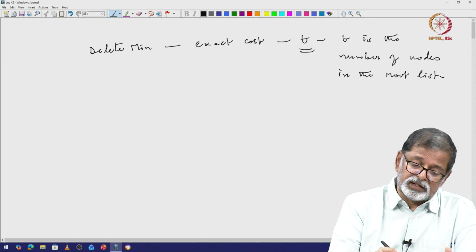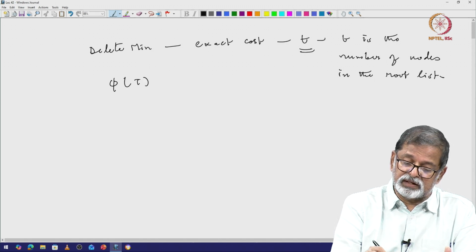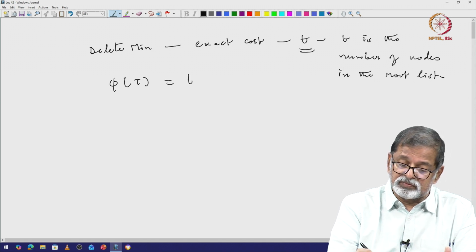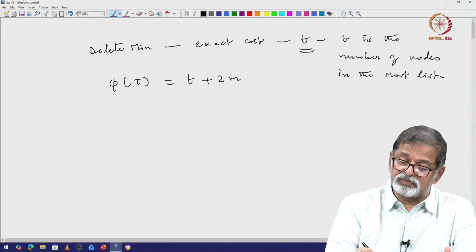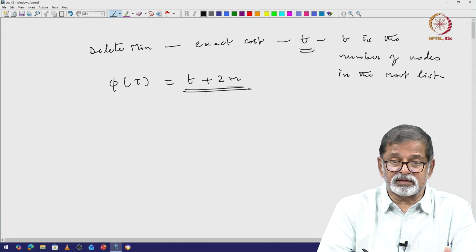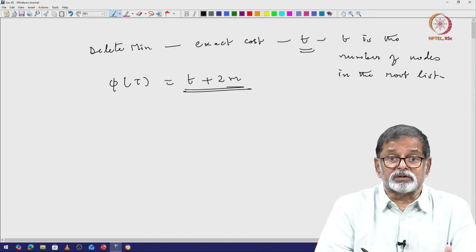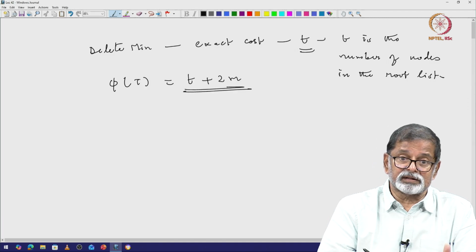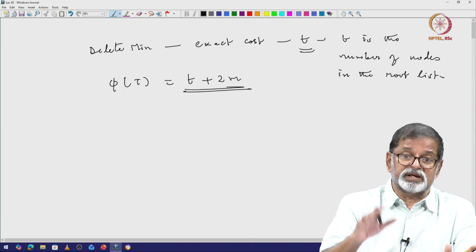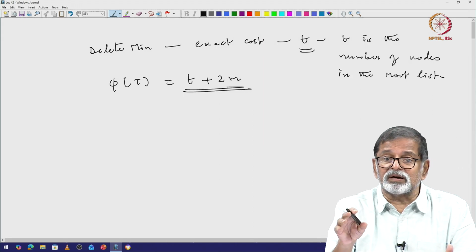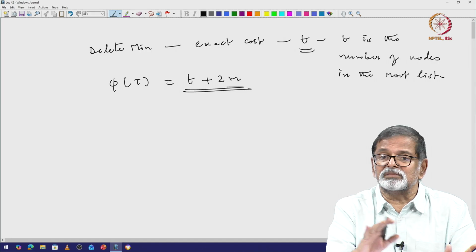Recall that the potential of a tree is the number of nodes in the tree plus 2 times the number of marked nodes. So, if m is the number of marked nodes before delete min, m remains the same, because delete min operation does not touch the marking of a node.